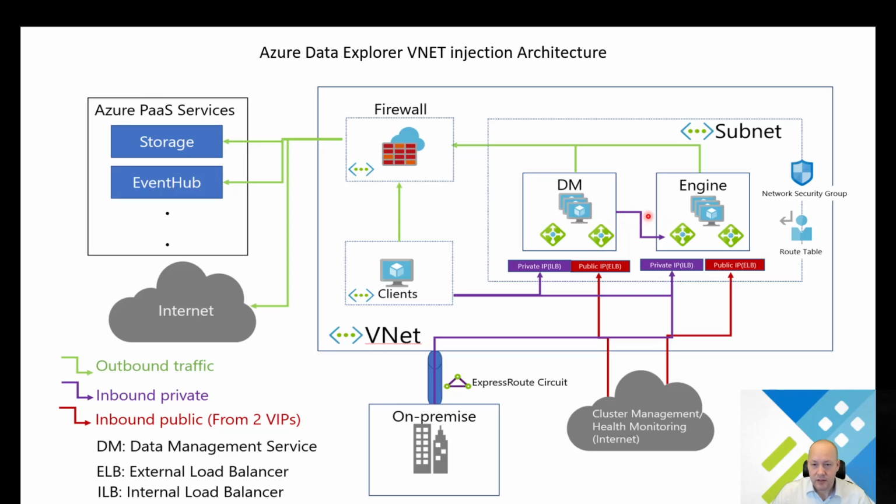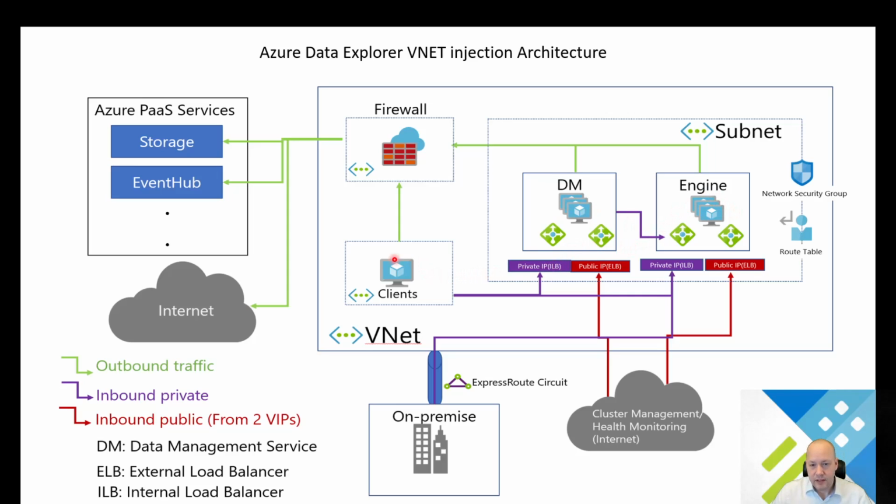A couple of resources have been deployed into that virtual network. Let's start with the load balancers. So we have like 4 load balancers here, 2 for the private and 2 for the public part. Those load balancers have their backend pools in the virtual machine scale set here for the DM and for the engine.